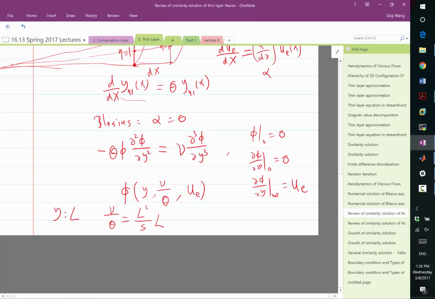Because it's like the derivative in x, so it's 1 over L. Okay, that's good. So ue is in what? L over S, right? So that is going to help us define what the non-dimensional group we should be using to parameterize that equation.